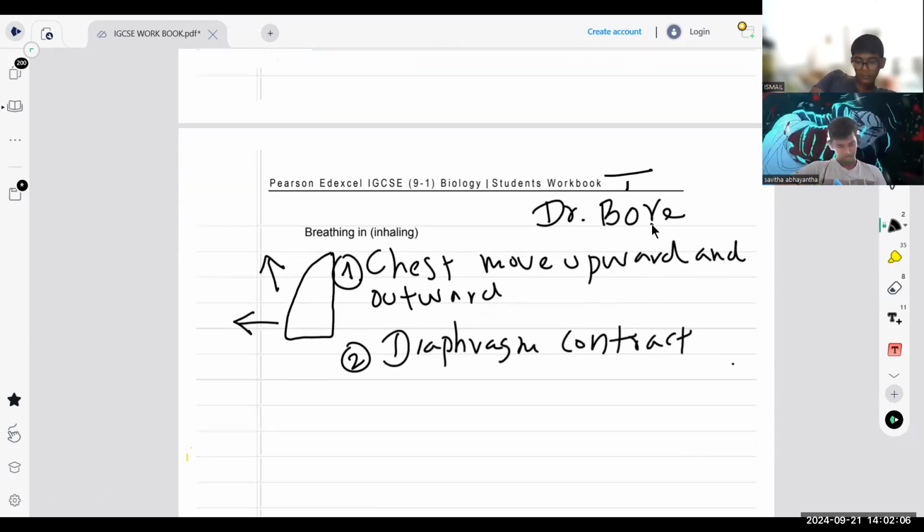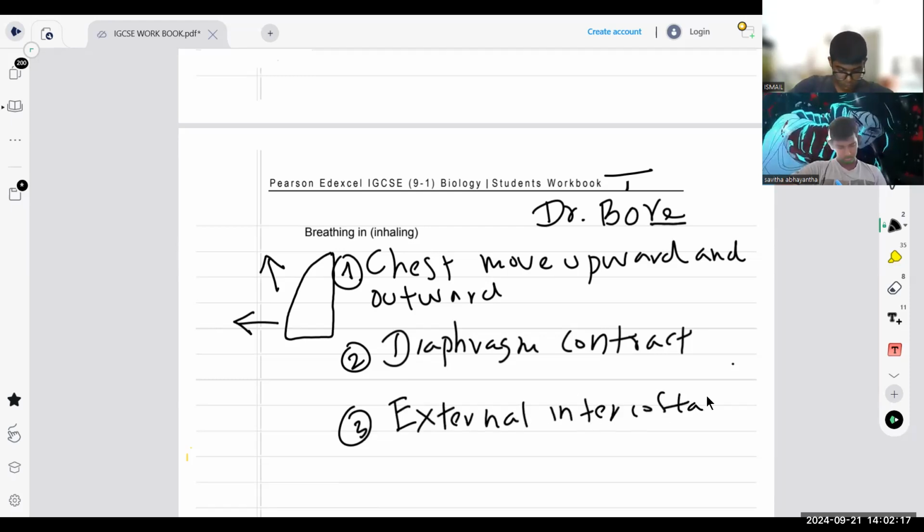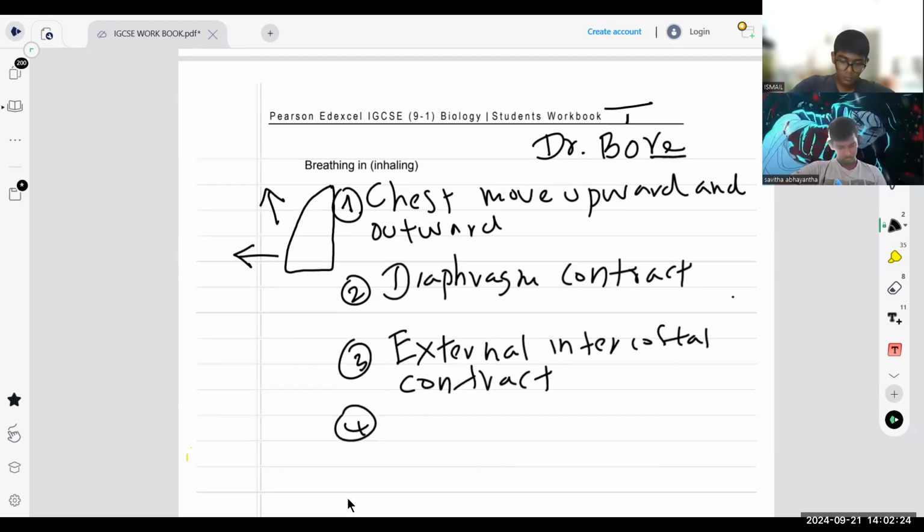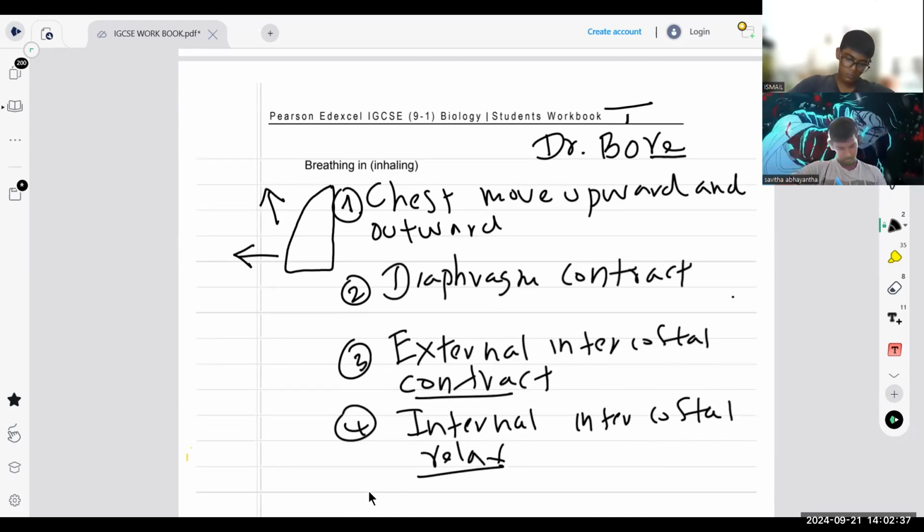Here we wrote external intercostal relax, so now we have to write external intercostal contract. Then the opposite is happening for internal intercostal: internal intercostal relax. If this contracts, this should be relaxed.